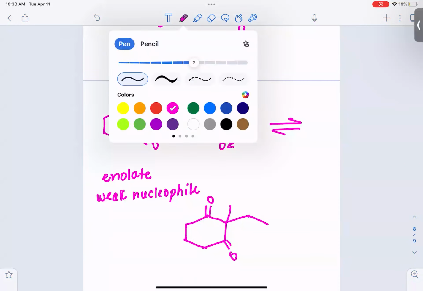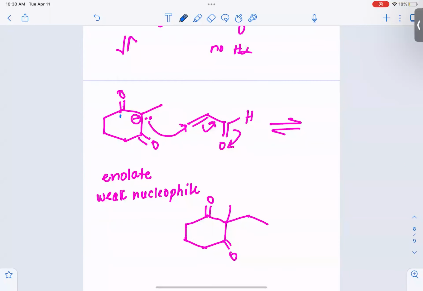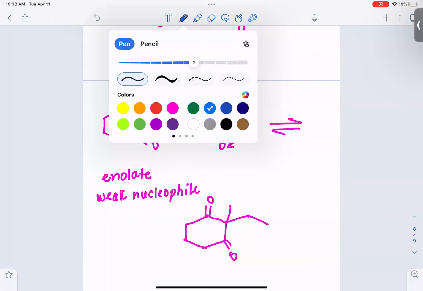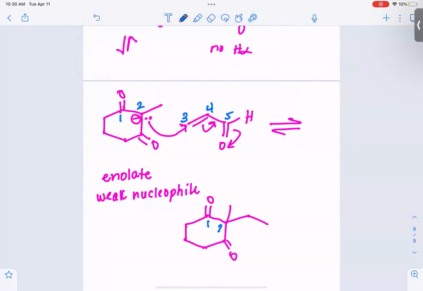All right, so just to keep track: 1, 2, 3, 4, 5. 1, 2, 3, 4, 5. And I need a double bond between 4 and 5. So I have that, and then we can protonate.